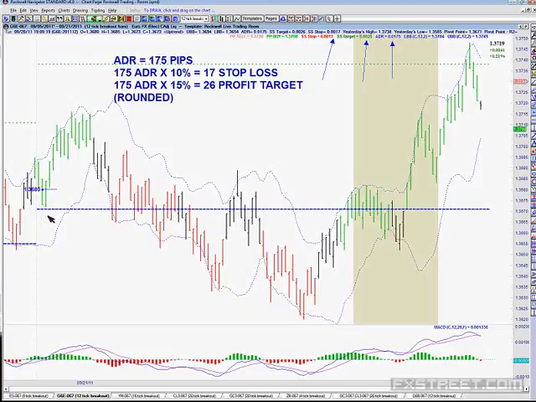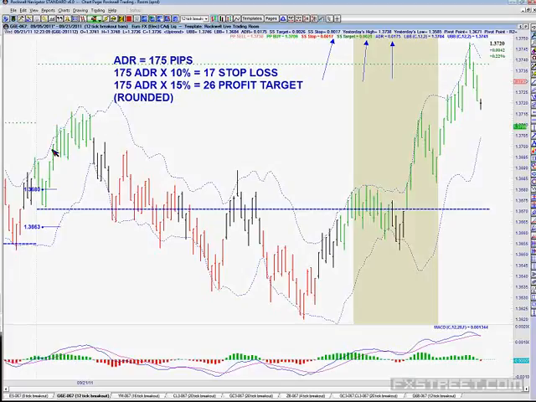Because I'm using a 17-tick stop loss, my stop loss is going to be even lower, my apologies, 36.63. And I'm using a 26-tick profit target.